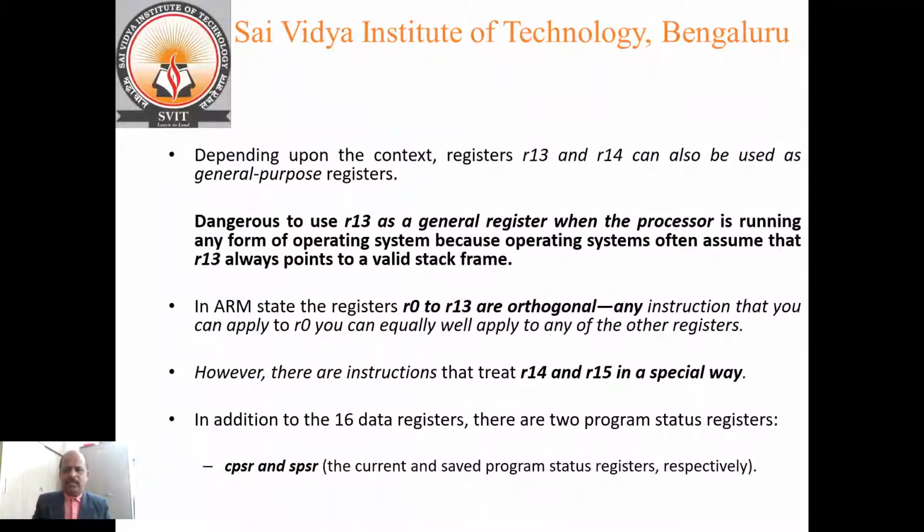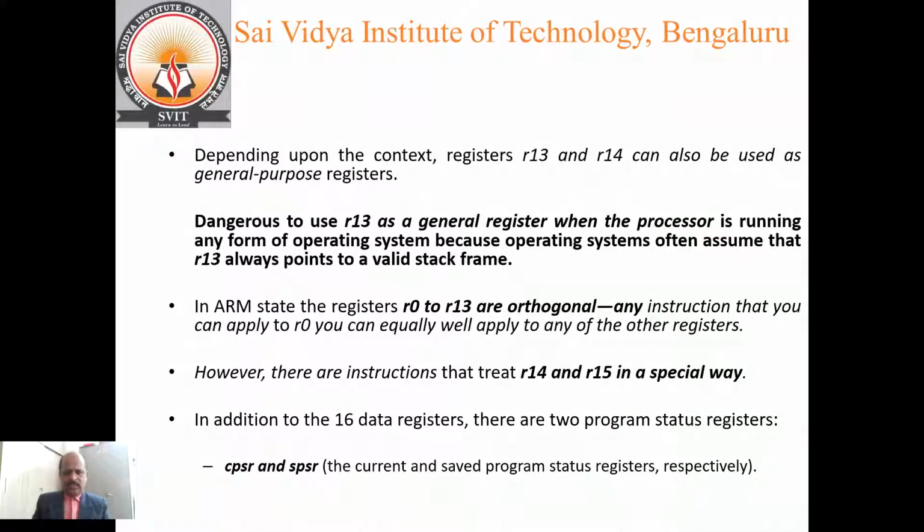Depending upon the context, registers R13 and R14 can also be used as general purpose registers. It is dangerous to use R13 as a general register when the processor is running any form of operating system, because the operating system often assumes that R13 always points to a valid stack frame.